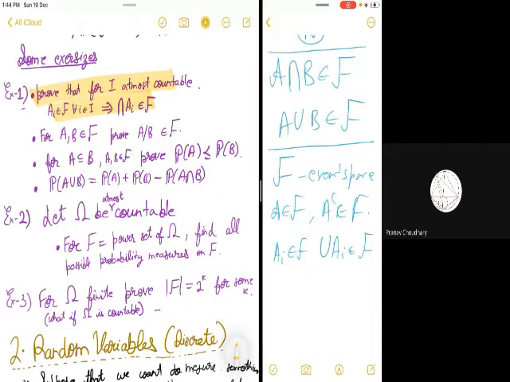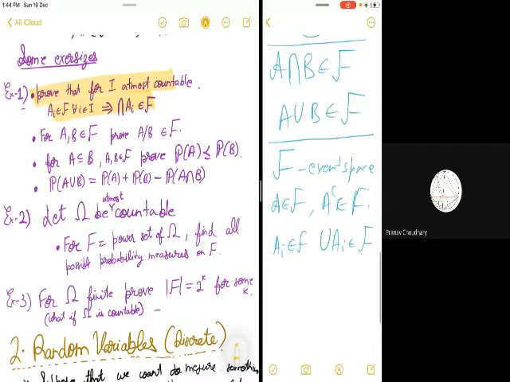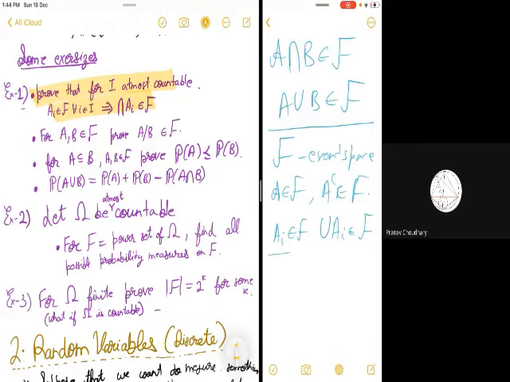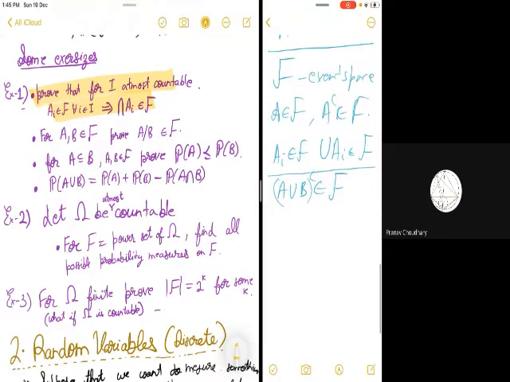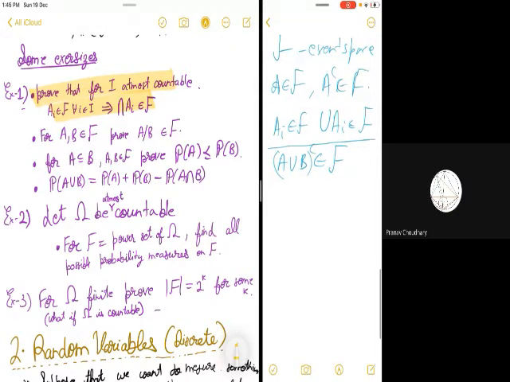Yeah. So the idea is that if A union B does belong to F, then its complement also belongs to F. Right.